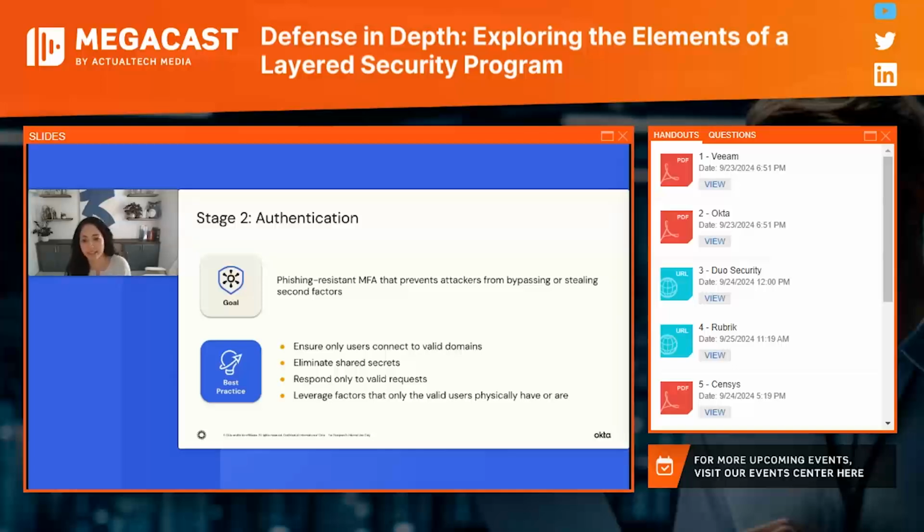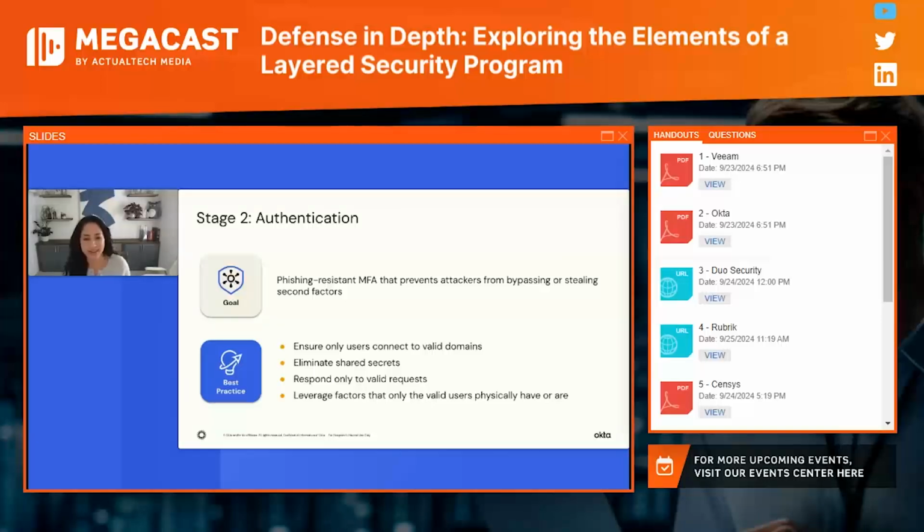And this includes adversary in the middle attacks, where users are tricked into putting their credentials into a convincing but fake page, where an attacker will then capture that second factor, or push notification abuse, where a user is flooded with valid push notification alerts triggered by an attacker and eventually validates the prompt with a yes, it's me, out of frustration or overwhelmed or confusion.